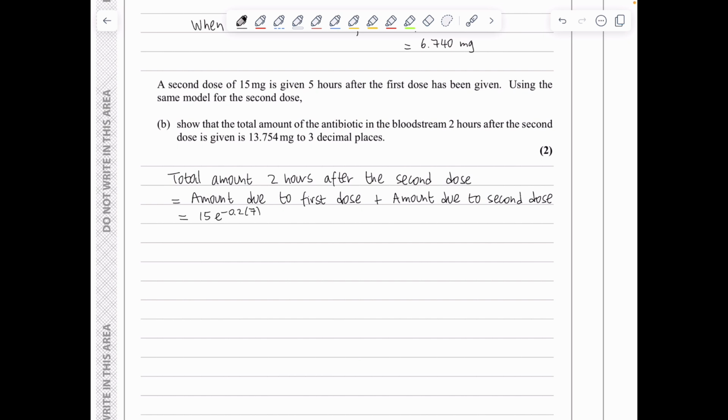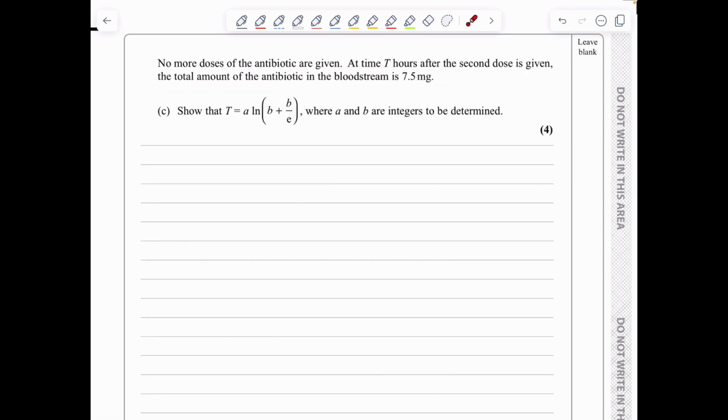And then we've got the amount due to the second dose, which has been in the bloodstream for 2 hours. So this is 15e^(-0.2 × 2). If we plug this on the calculator, we get 13.753755..., which works out to be 13.754 milligrams as required.